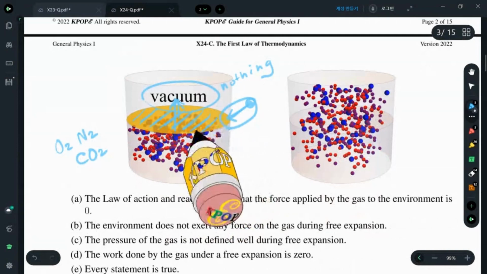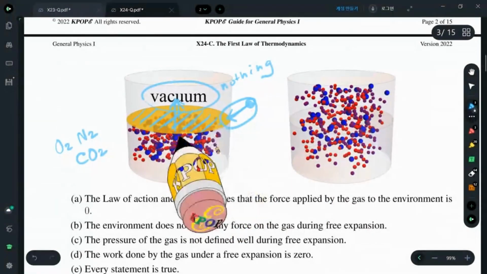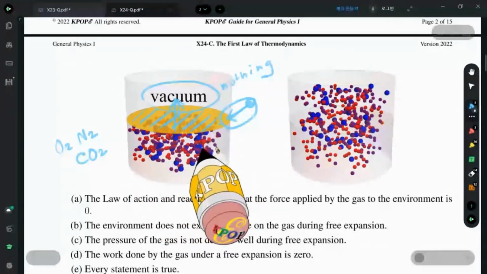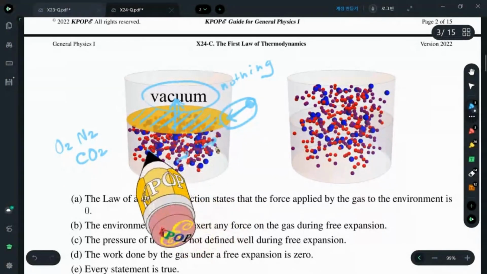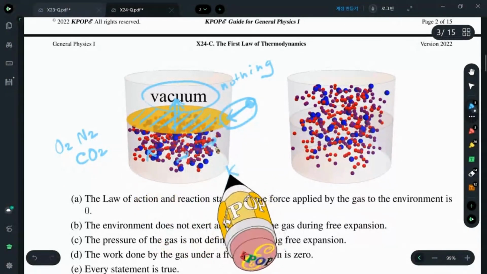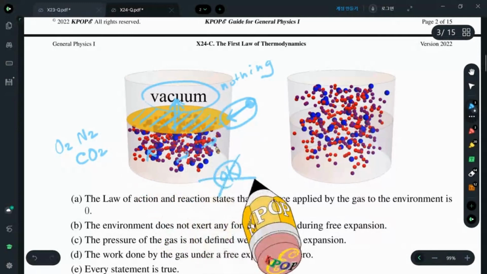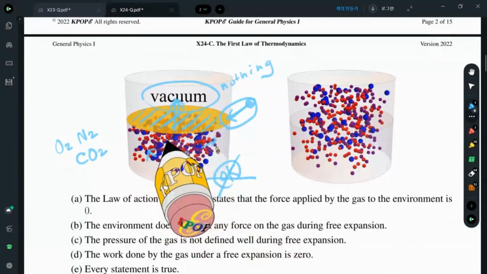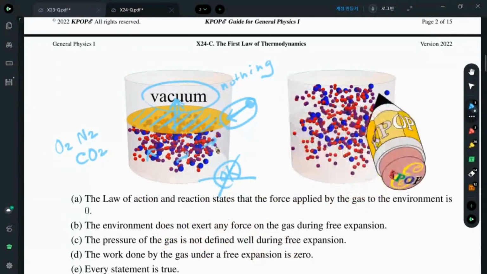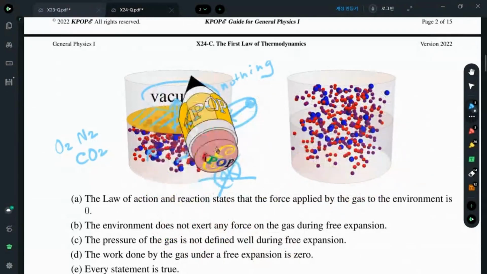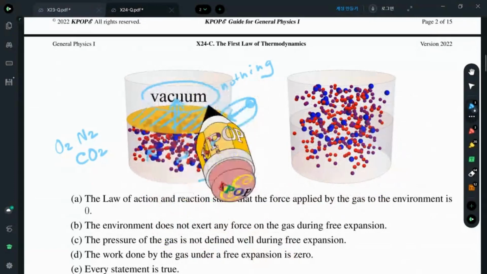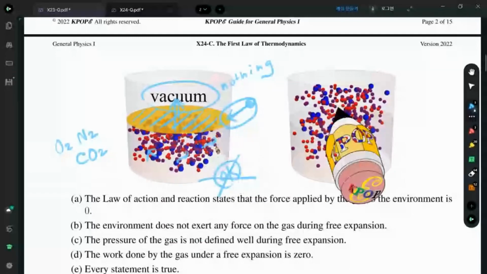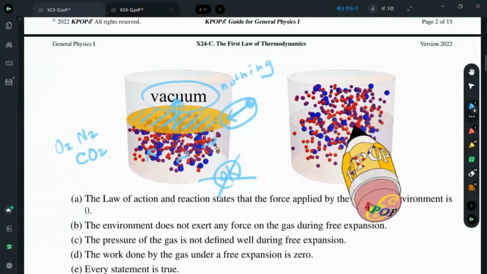Suddenly, if you remove this partition, the molecules, because the molecules are always moving very rapidly, unless you have 0 K, are moving very quickly, and in a short time the vacated part will be filled by molecules.